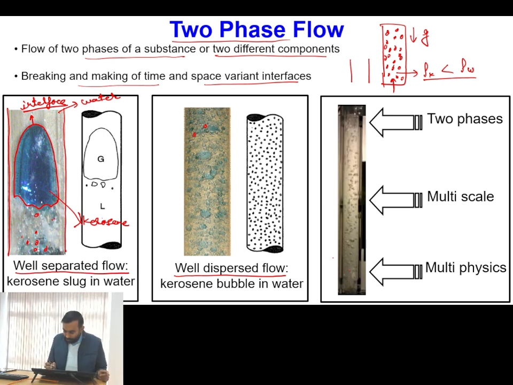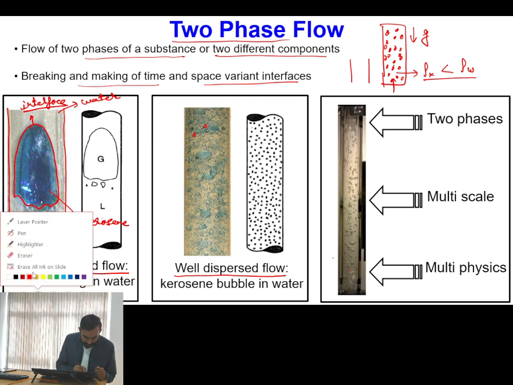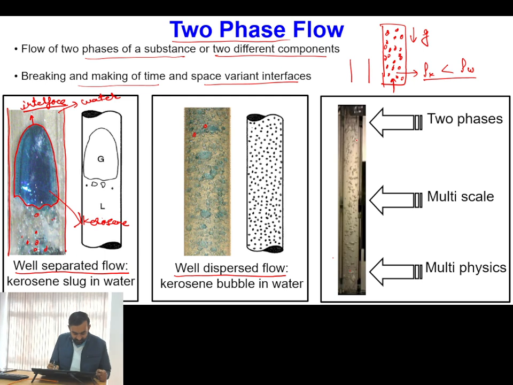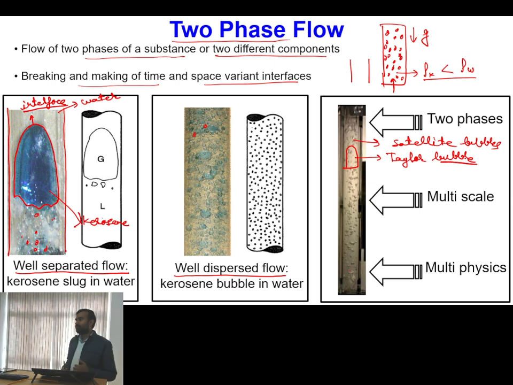Behind every big chunk of air, these small bubbles are typically called satellite bubbles, and this large chunk of air is typically called a Taylor bubble.